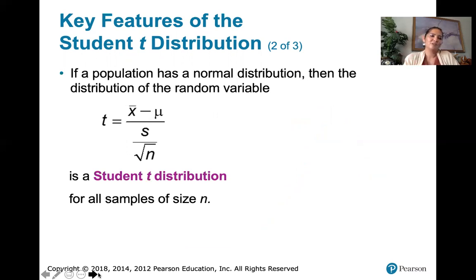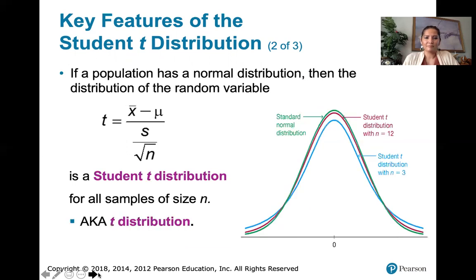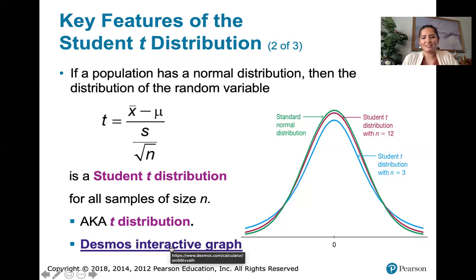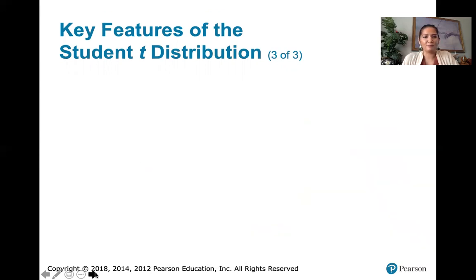If you look at the distribution of that, you get what's called a student t distribution. This is sometimes just called the t distribution. It's called the student t distribution because of some history that we talked about back in 7.2. If you want to see how these graphs change for different values of n, you can just click here and it'll take you to the Desmos interactive graph.